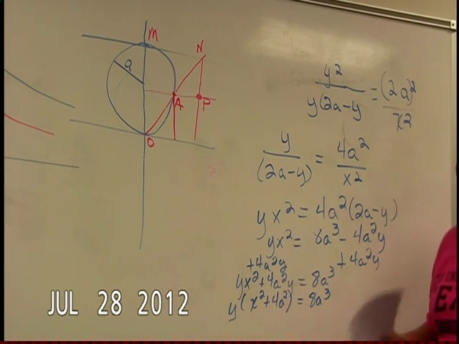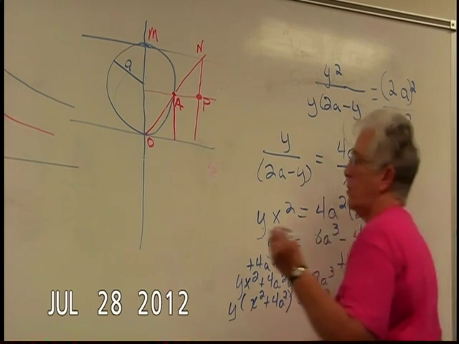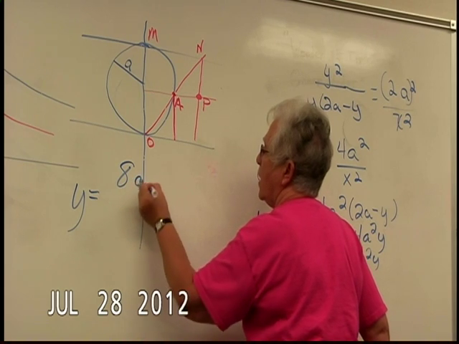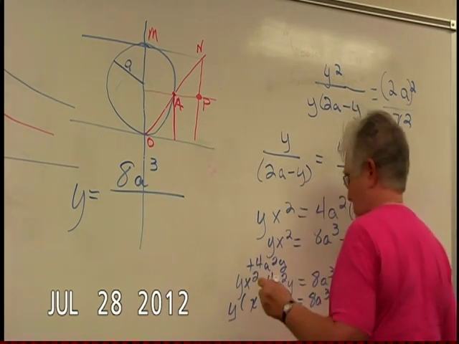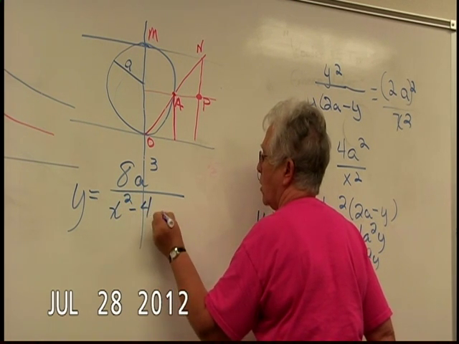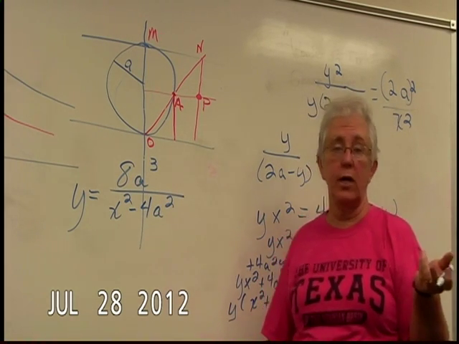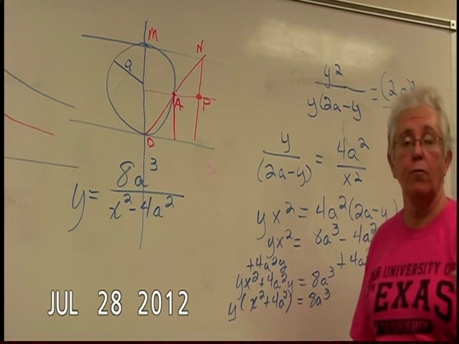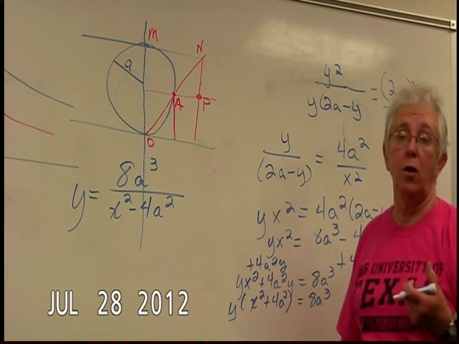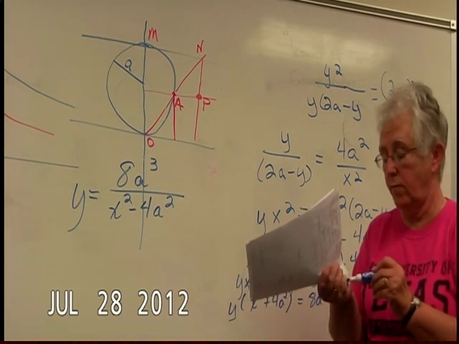And you end up with the final equation that I'm going to write over here of y equals 8a cubed over x squared minus 4a squared. Now, this is now in a form that you can put it in a calculator. It's also in a form that it makes it pretty easy to go ahead and calculate all of the points that are going to be on your witch of Agnesi curve.